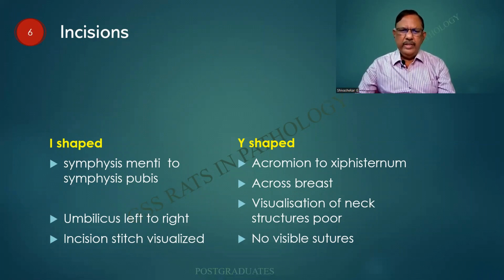You will be able to see the stitch. To avoid this, there is a Y-shaped incision from the acromion to the xiphisternum across the breast. And in this, the disadvantage is the neck structures will not be very clearly visualized. But there are no visible sutures. That is the advantage. Another disadvantage can be scarring across the breast.